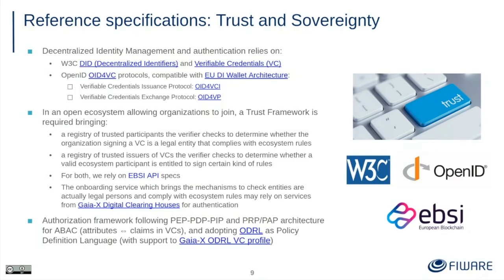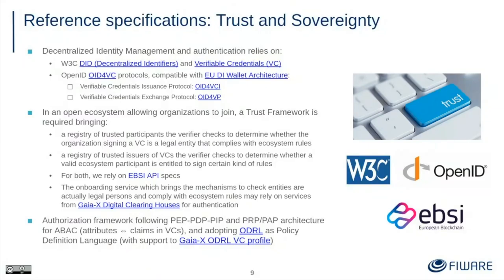ODRL is the Open Digital Rights Language, which is a policy definition language, also governed by W3C, which is built to define the access rights, or let's say the rights on top of digital products or digital services, data, and so on.